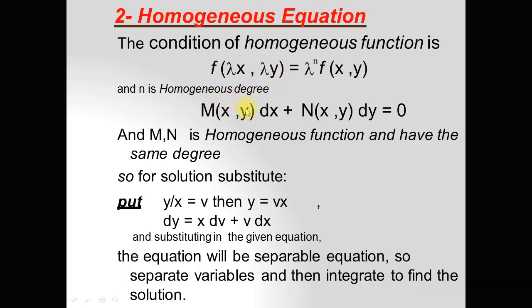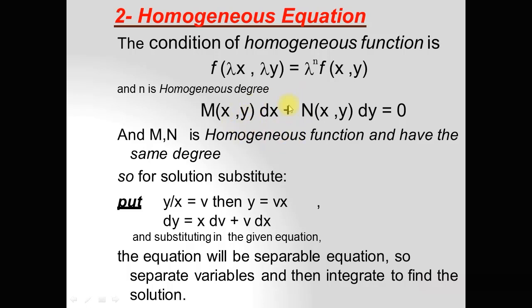And so since we have a first order differential equation like M of x y dx plus N of x y dy is equal to 0, if the functions M and N are homogeneous, then this differential equation will be a homogeneous differential equation.